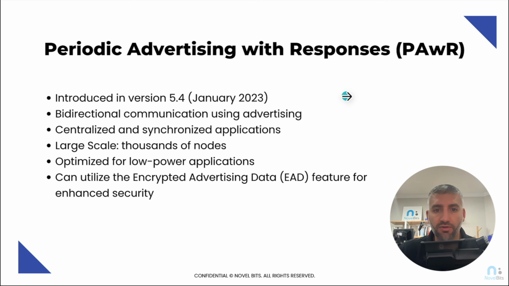However, last year, or if you're watching this video later, regardless, in January of 2023, version 5.4 was released, and that included a new type of advertising, or a new type of really topology, because as you'll see, it allows us to do a lot more, and something that we weren't able to do with Bluetooth Low Energy before, at least in a standard way.